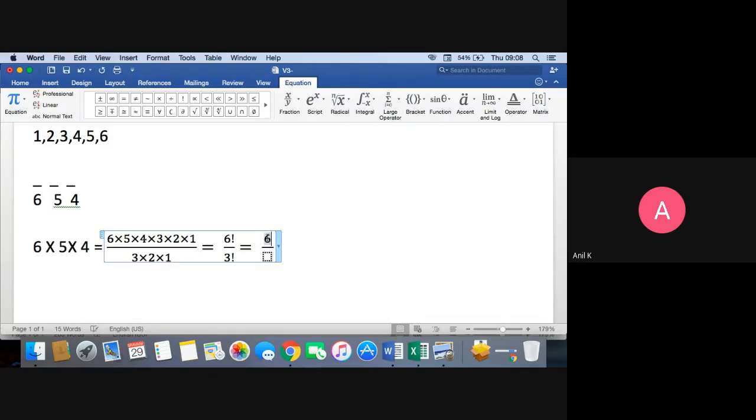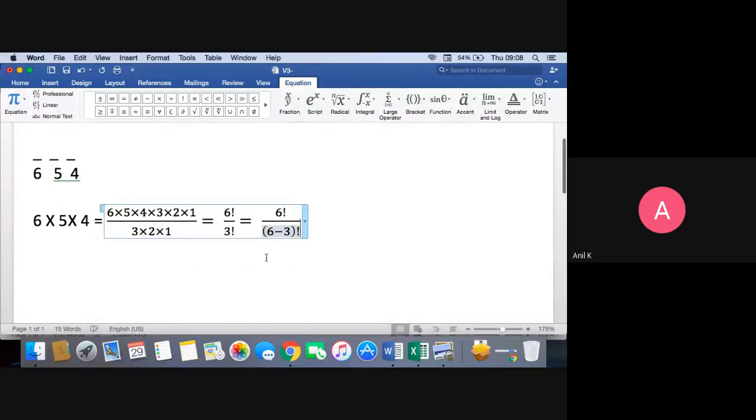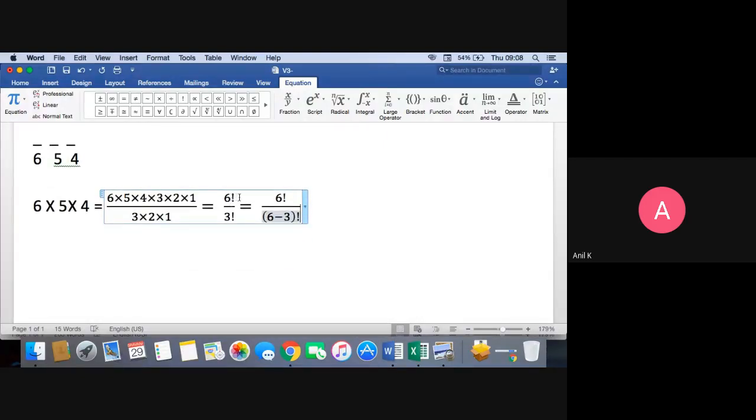I keep 6 factorial as it is, 6 factorial upon, and the denominator I'll make it 6 minus 3 factorial. This will be the same only, right? 6 factorial upon 3 factorial can be written as 6 factorial upon 6 minus 3 factorial.